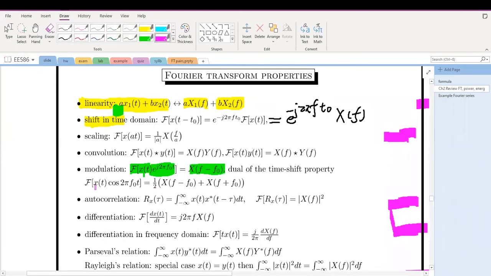The modulation property: for x(t) multiplied by cosine 2 pi f naught t, that equals the spectrum of X shifted to f naught and shifted to minus f naught, summed up, divided by 2. So this is the modulation property.